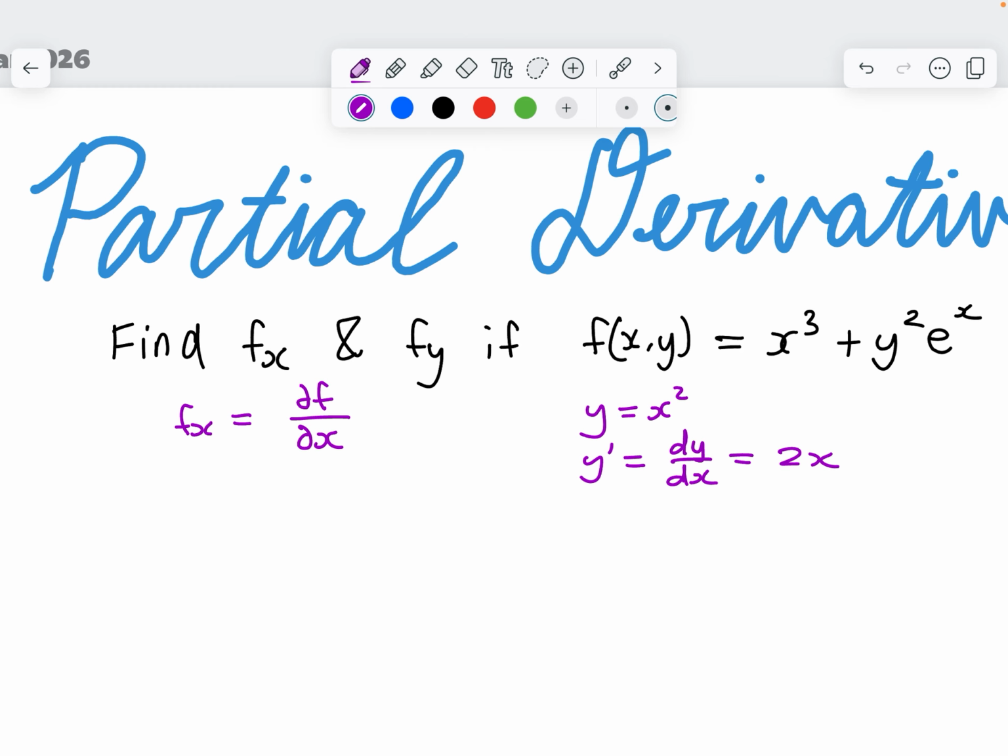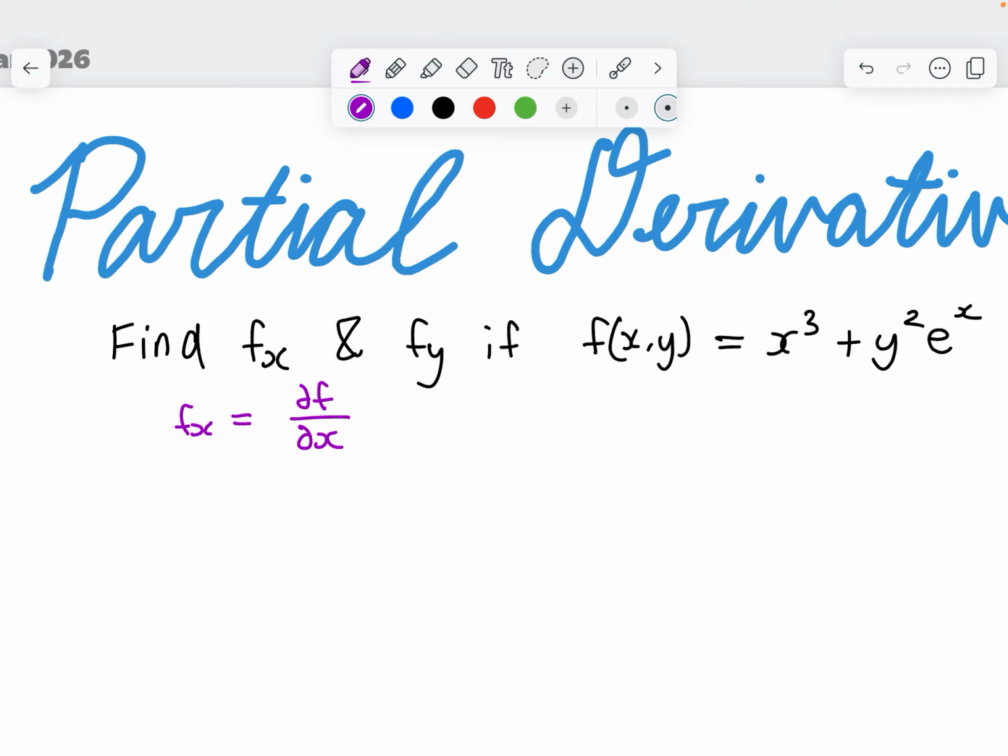In multivariable, because we have another variable, we don't only have x values, we also have y values. So we use this symbol. Notice that the d here is written like that because it represents a partial derivative, whereas in single variable calculus, we have just the regular letter d. But that's not too important for today's video.